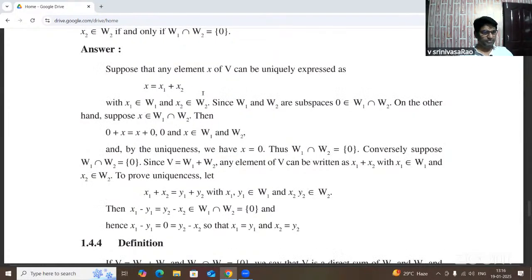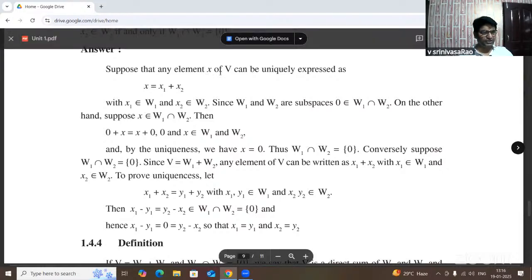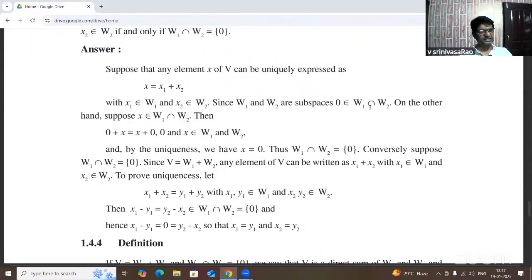First of all, we take any element given in the unique representation. X can be written as a sum of the two subspaces, x1 plus x2, because any vector x belongs to V, x1 belongs to W1 and x2 belongs to W2. Let x be any element of the intersection of the subspaces, so the intersection is non-empty because at least one element is there. Now x can also be written using the additive identity: x plus 0 or 0 plus x.